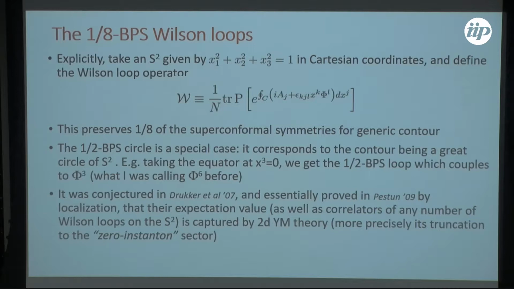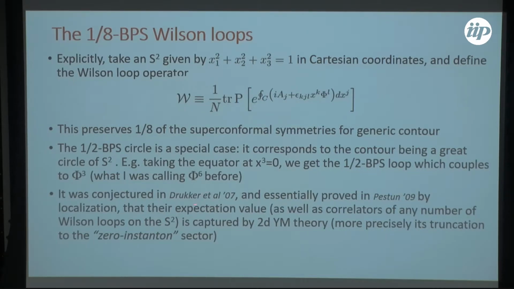I'm slightly changing notations here because I'm following the original literature, but by doing that, say if you choose the equator at x3 equals 0 in Cartesian coordinates, you get an operator which maps to phi 3. This is what I was calling phi 6 before. It doesn't matter. I'm just relabeling the name of the scalars a little bit.